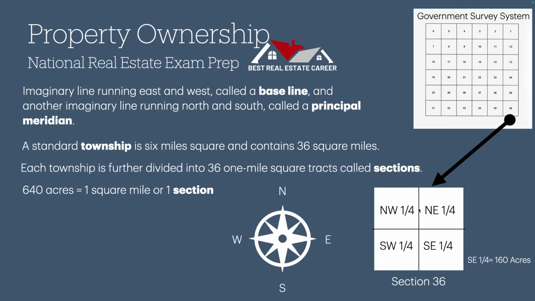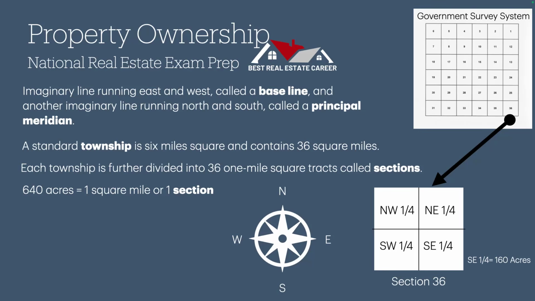And what we've done is we dropped it down here on the far right-hand corner. In the far right-hand corner, you could get a question around this. And what we need to know is that each section contains 640 acres, which is 1 mile by 1 mile. All right. So 640 acres equals 1 mile squared.